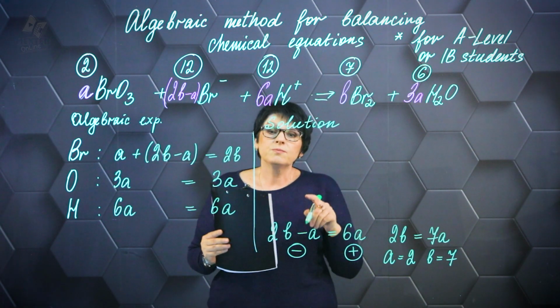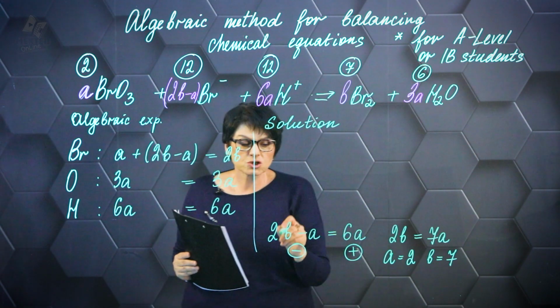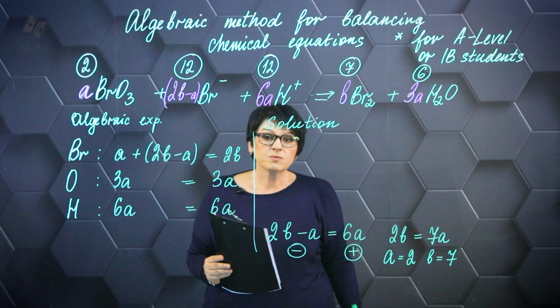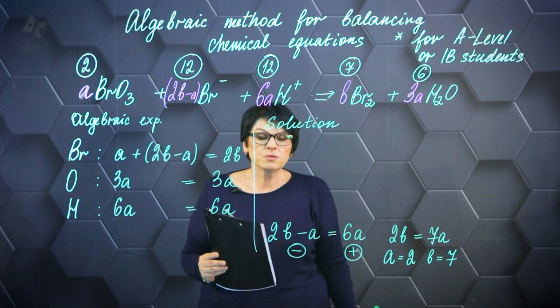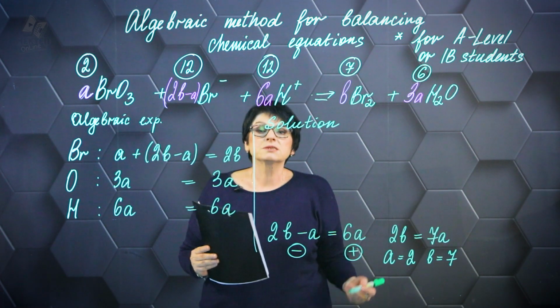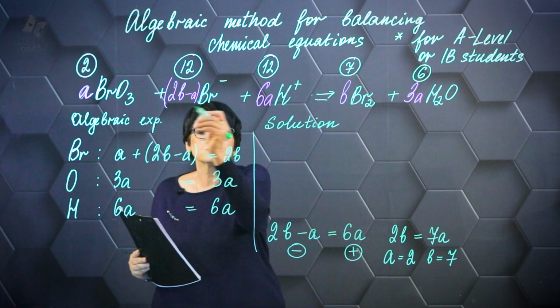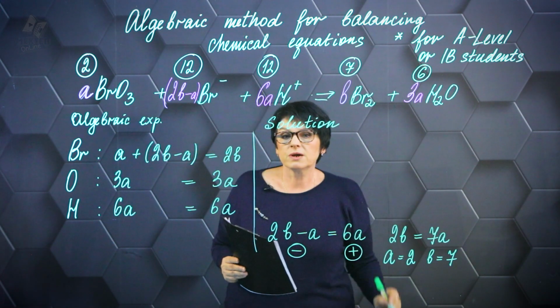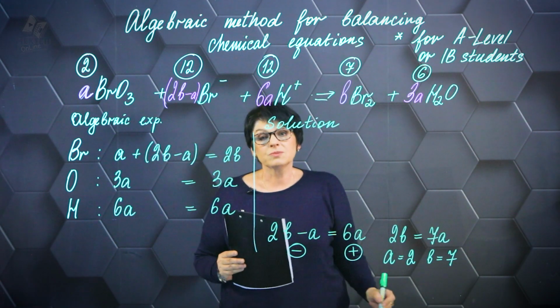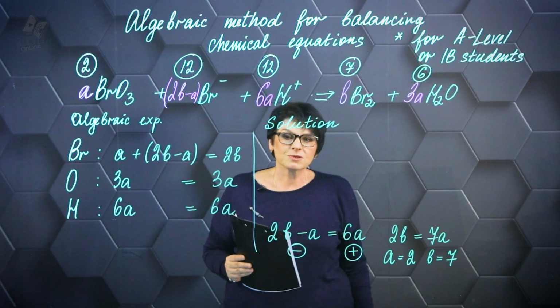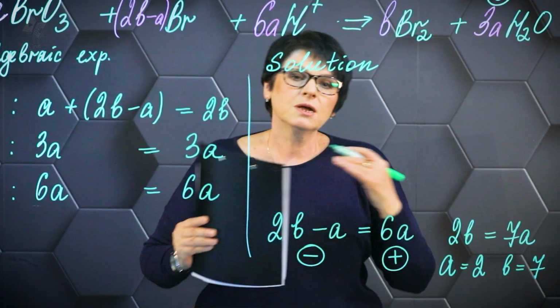But the example is interesting because we had to use the rule to keep the total charge. It turns out that what must be 0 on the left must be 0 on the right. So the example is quite curious in this respect because we have applied both the algebraic method and the method of equality of charges here.